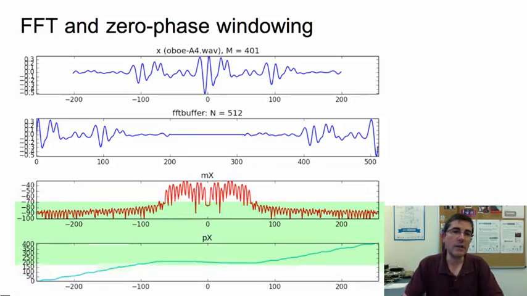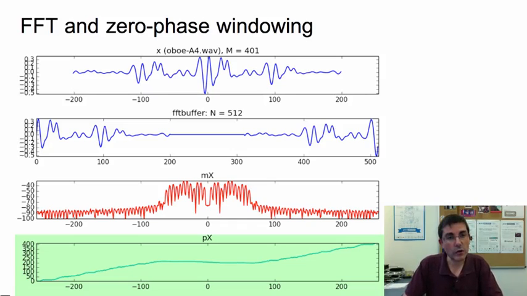And in the phase, we see the odd symmetry, and a very smooth phase visualization, for two reasons: because we did the zero phase windowing, and because we did the unwrapping. Because of the zero phase windowing, we are getting rid of the shifting distortion that would occur if we had not centered all the samples around zero. And of course the unwrapping allows us to see this very smooth visualization.